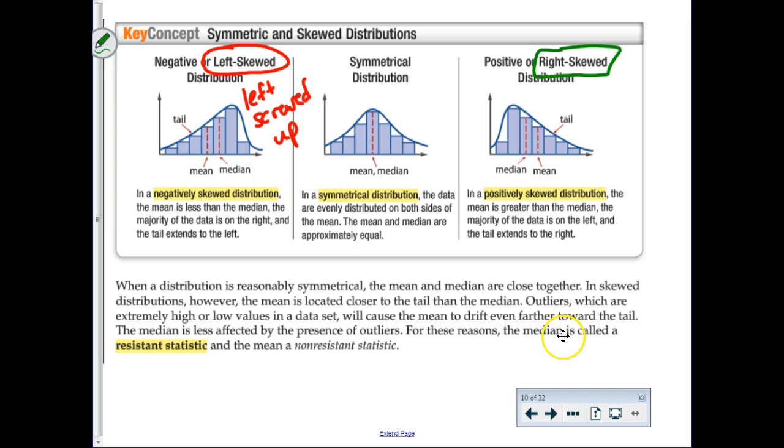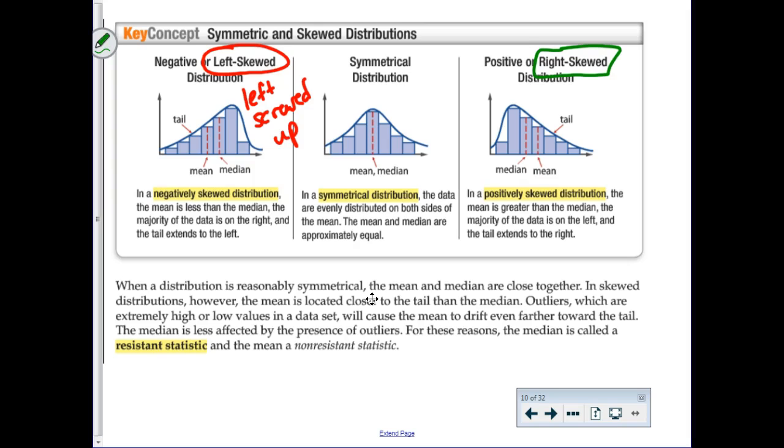So the median, oh, this is kind of cool. They're talking about the measures of central tendency and how some are affected by skewedness and some are not. So we found in that test score question that the average test score, the mean, is very much messed up by outliers, right? Like you have that one low test score and it really screws it up.